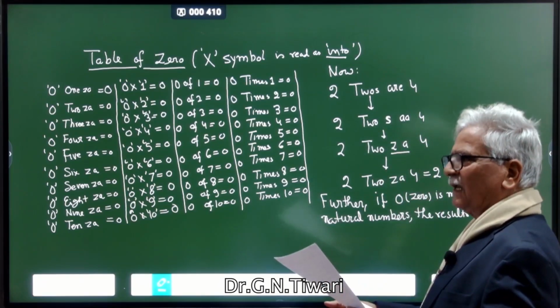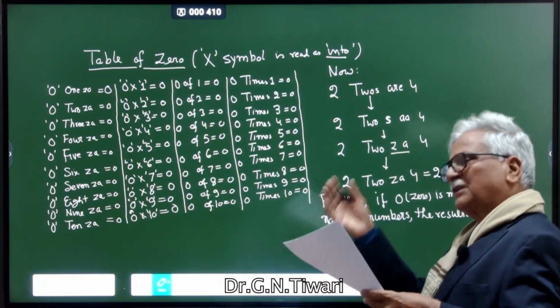And vice versa, you multiply any natural number by 0, the result is 0.